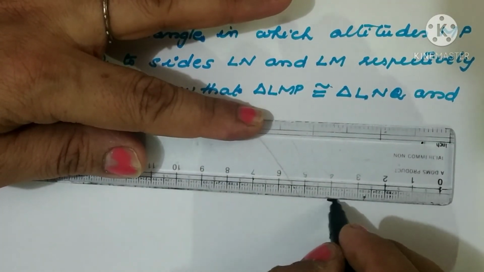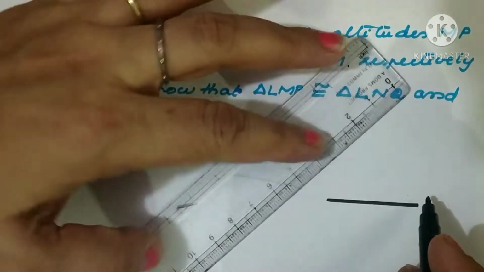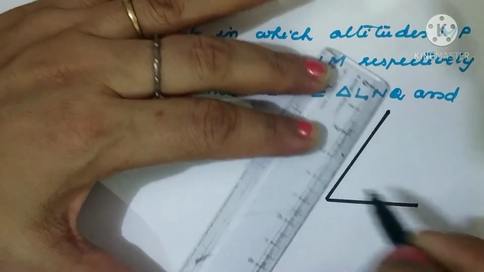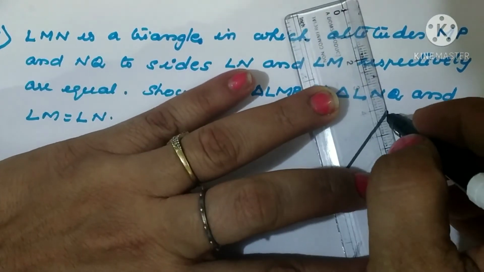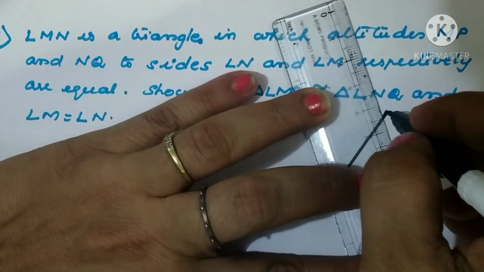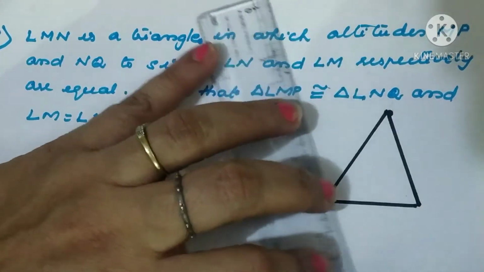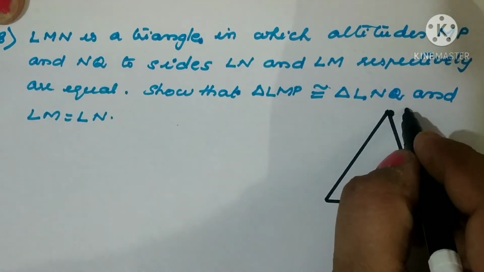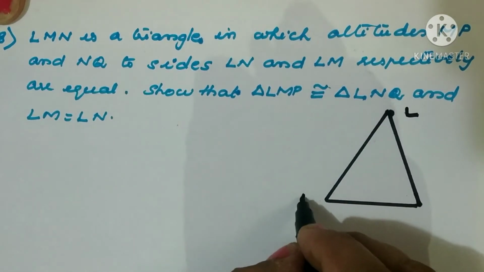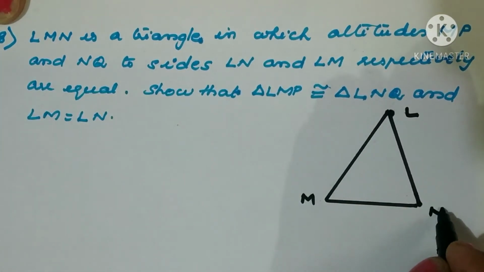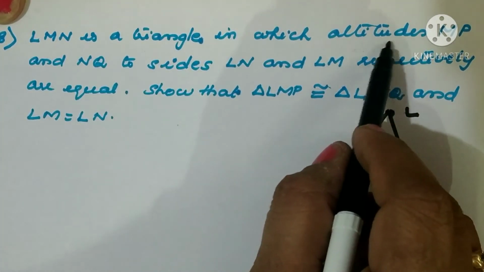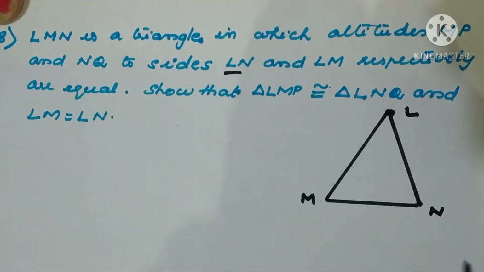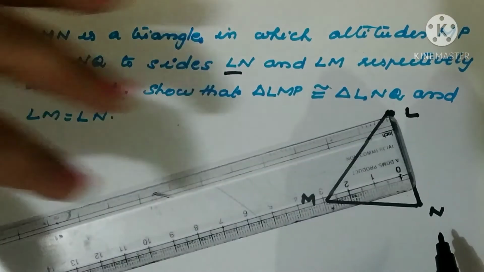So on the right side of our paper we have to draw a diagram. Triangle only. LMN is a triangle, L, M, N. Now the altitude MP, which side? LN. So from here we are drawing an altitude.